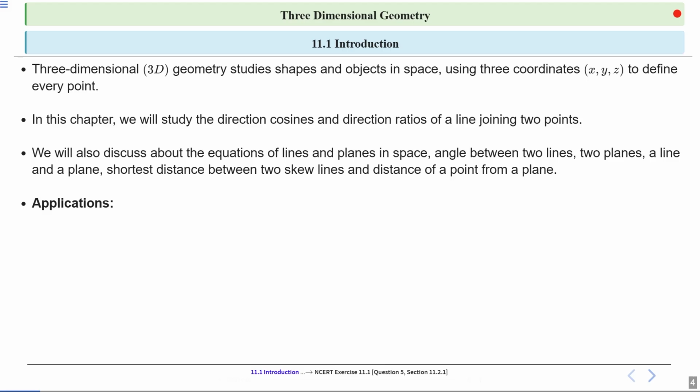So let's talk about some real world applications of three-dimensional geometry. First, consider architecture and construction. Engineers and architects use 3D geometry to design buildings, bridges, and other structures.